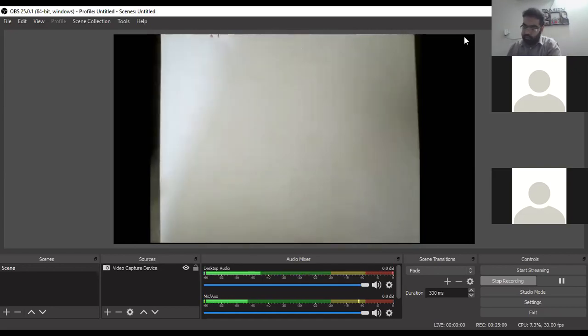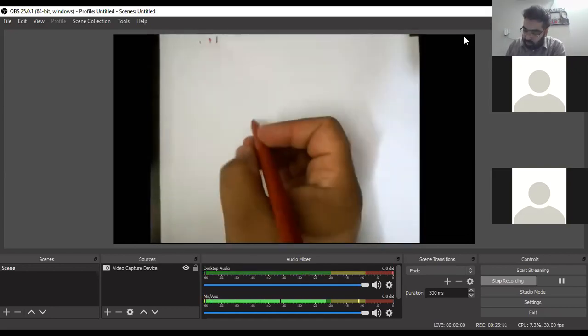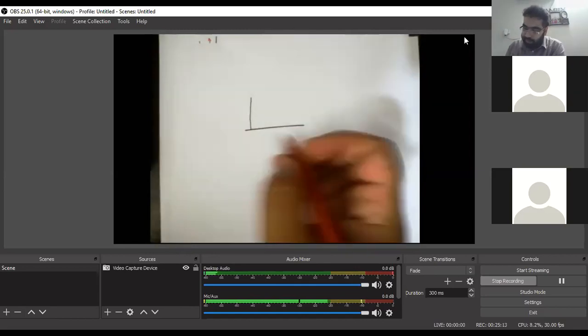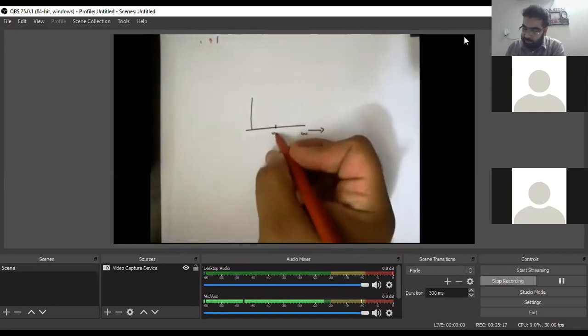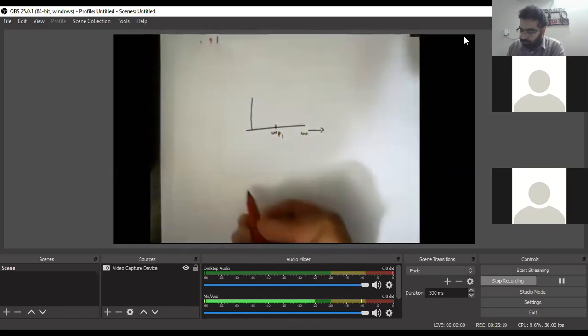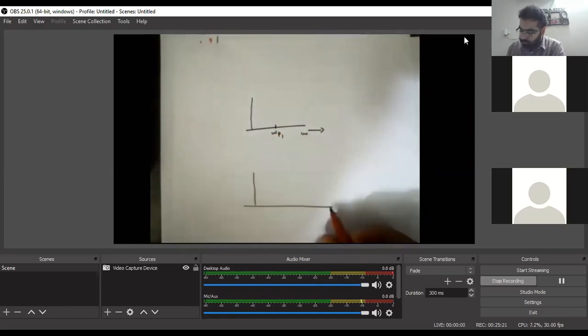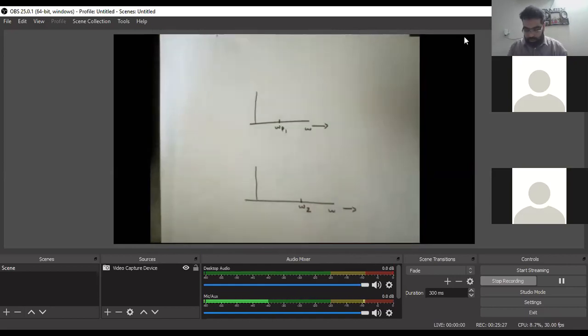Yes, one second. So let me just draw again a little bit. Let's say this is omega p1, and this is omega z. Okay, I'll draw the two separately, so then we can just see.